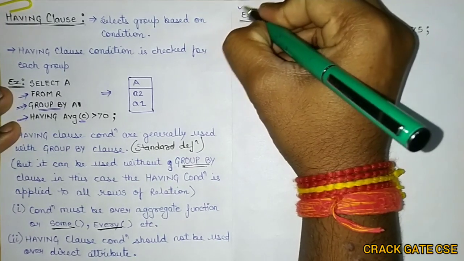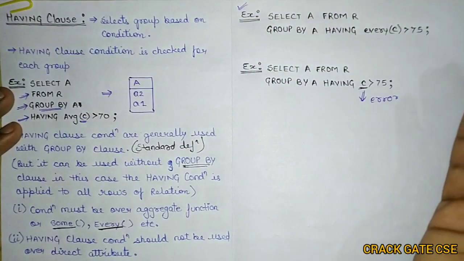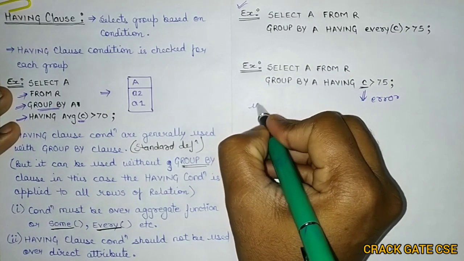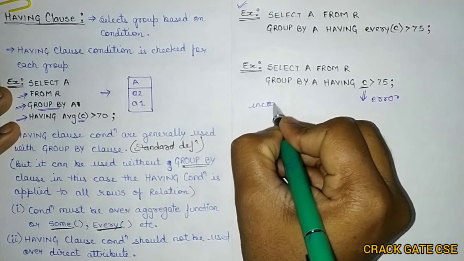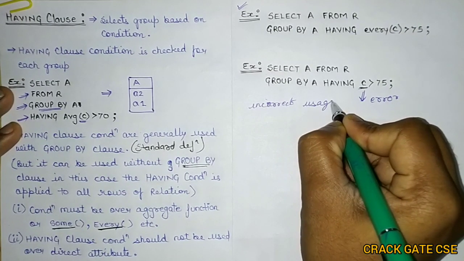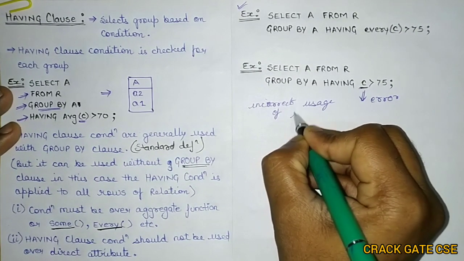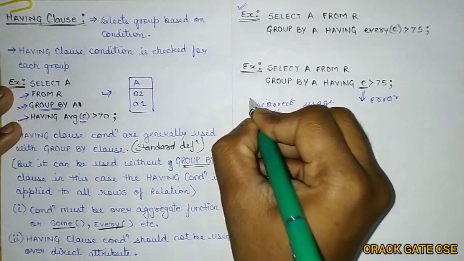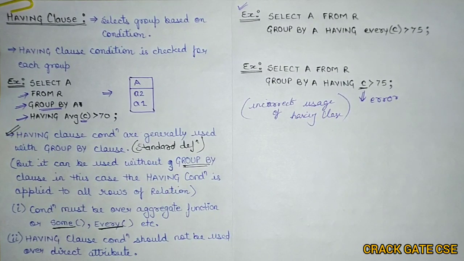So this one is right and can be executed in the database, but this cannot be executed. The error can be incorrect usage of having clause, because the having clause has to be used with an aggregation function, not with a single attribute.